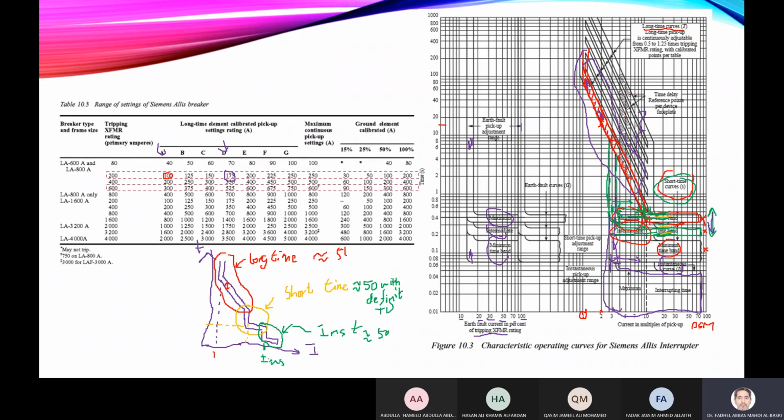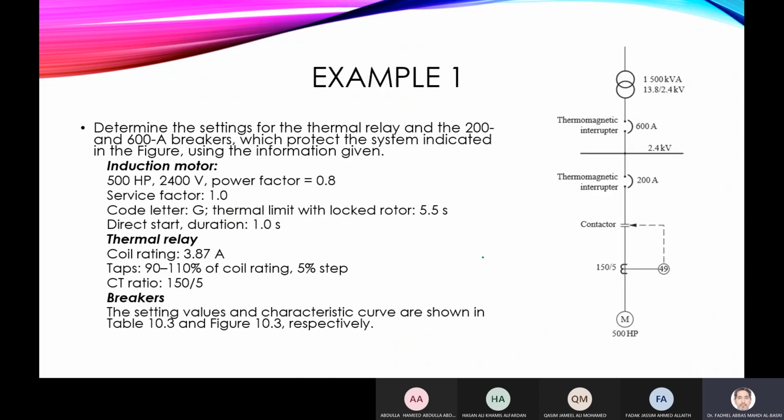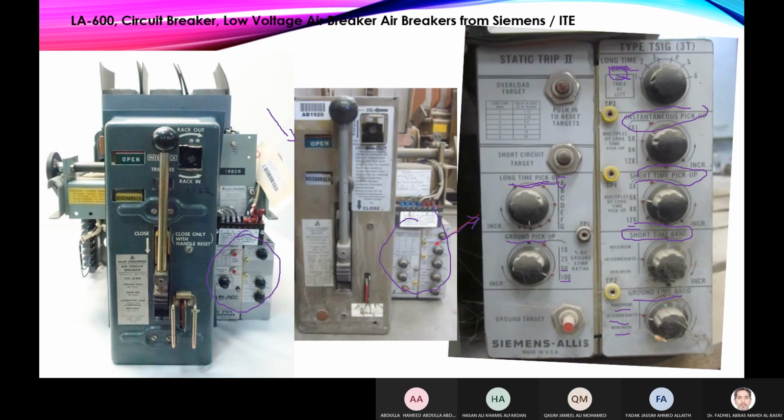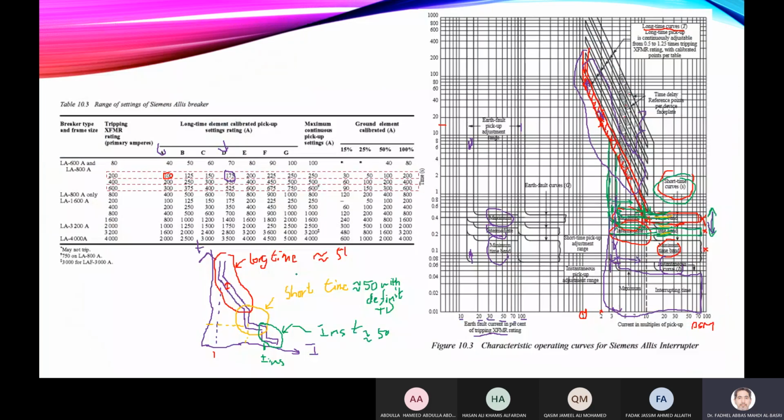But here I instantaneous is given as a multiple of this, at 3 times, 5 times, 8 times, 12 times the setting of the long time settings.